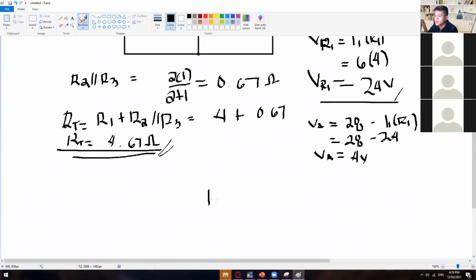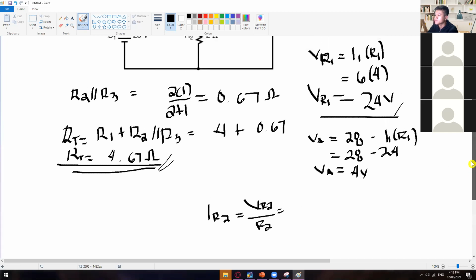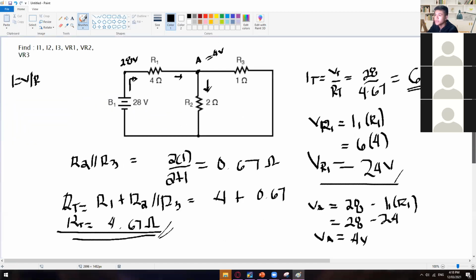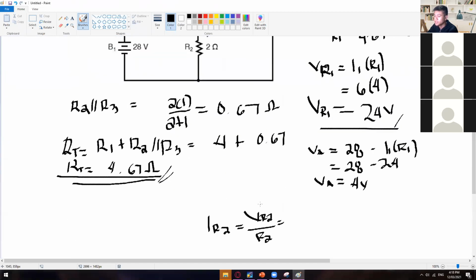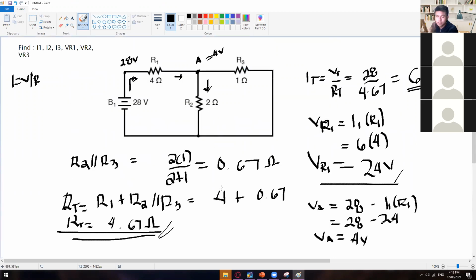Right here, I, R2 is equal to VR2 divided by R2. In here, we know that the voltage that will flow on IR2 is 4 volts. Why? Because they are in parallel with each other.